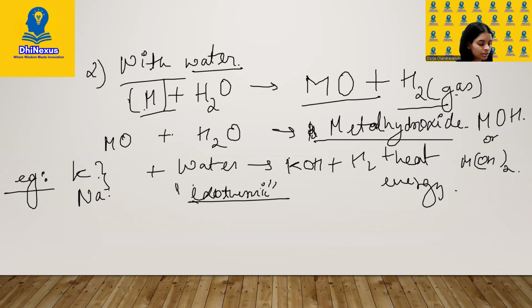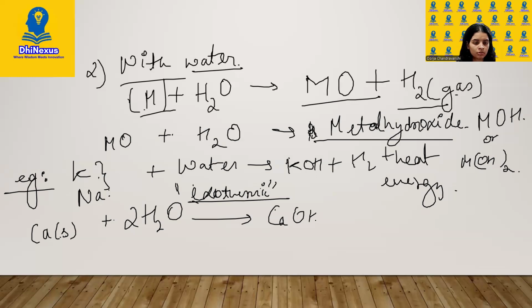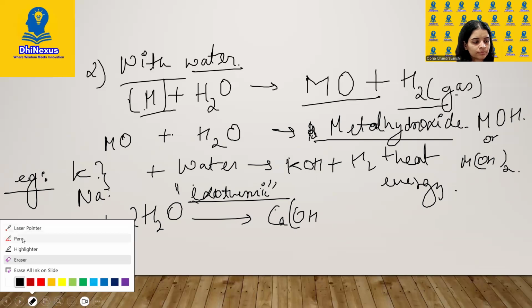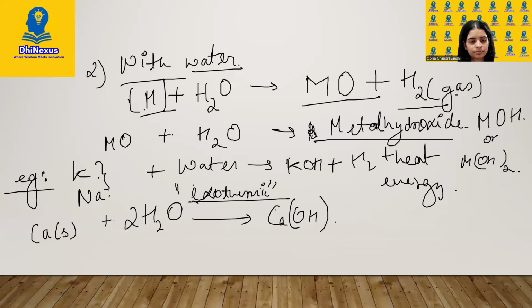Next is the reaction of calcium. Calcium does not show a very violent reaction. It shows formation of metal hydroxide along with evolution of hydrogen.